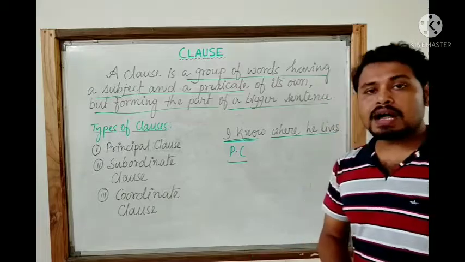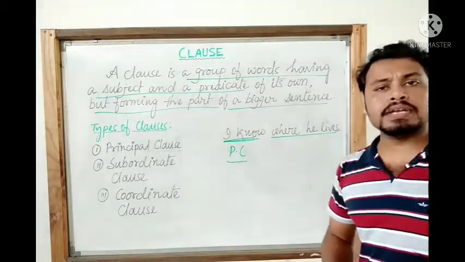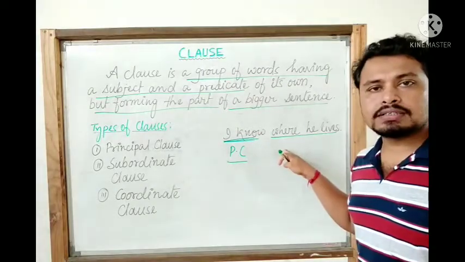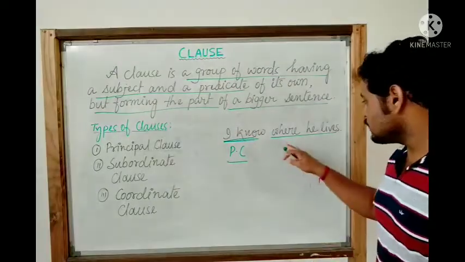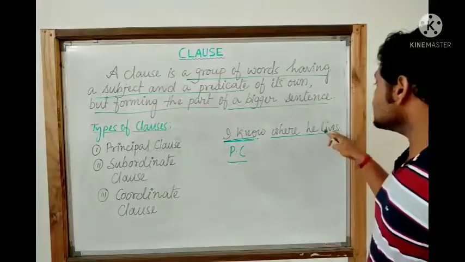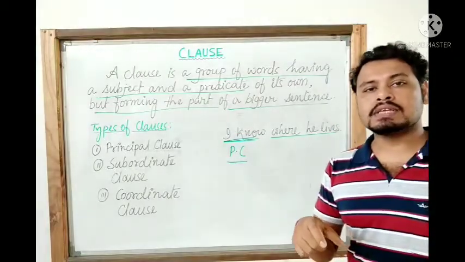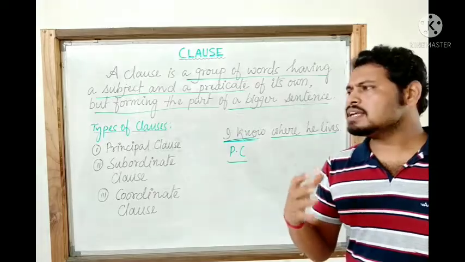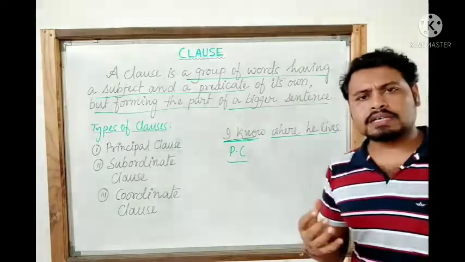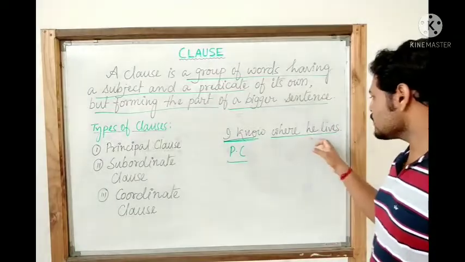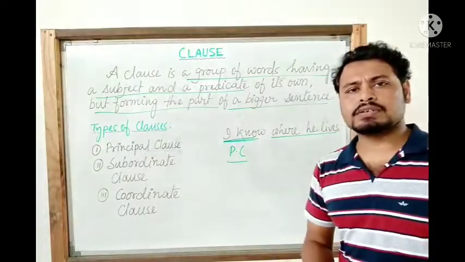Now if this part is expressing its own meaning, let us see whether the other part is. If we read this part, where he lives, as if the meaning is not coming properly, as if this meaning is incomplete.